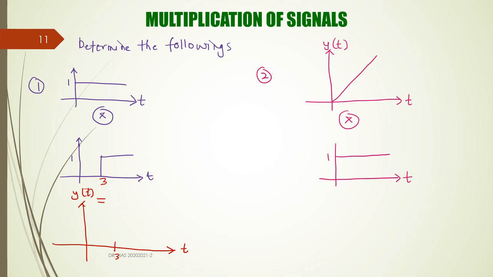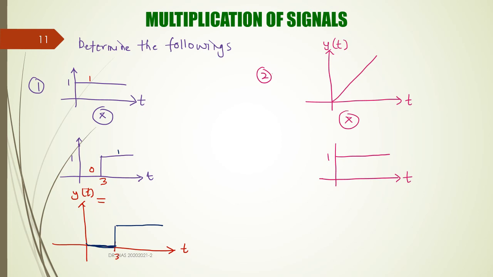From 0 to 3, 1 multiplied by 0, you get 0. From 3 onwards, 1 multiplied by 1, you get 1. So this is the answer.